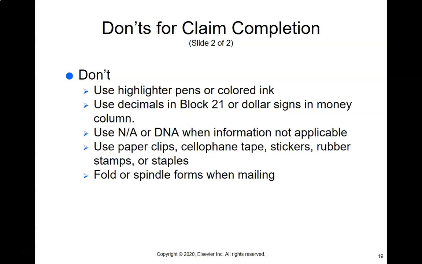Don't use highlighter pens or colored ink. Don't use decimals in Block 21 or dollar signs in money columns. Don't use NA or DNA when information is not applicable. Don't use paper clips, cellophane tape, stickers, rubber stamps, or staples. And don't fold or spindle forms when mailing.